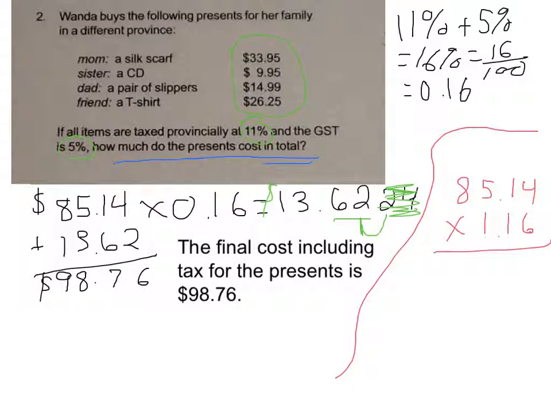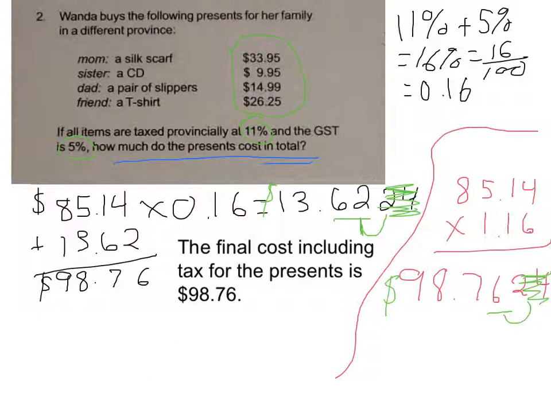Because when I put this in the calculator, the 0.16 gives me the tax, the 1 gives me the 85.14, and when you put that into your calculator, you come up with 98.7624. Again, we're doing decimals, so I'm only going to go to the hundredths. That means I go next door. The 2 tells me to drop it, so we get rid of that.